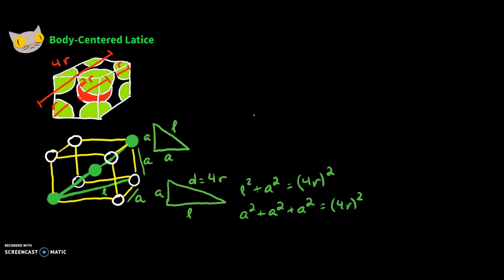And we can rewrite that up here as 4r squared is equal to 3a squared. Now we take the square root of both sides, we get 4r is equal to square root 3 times a.